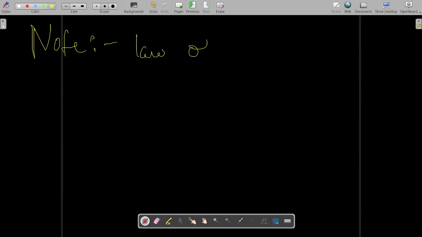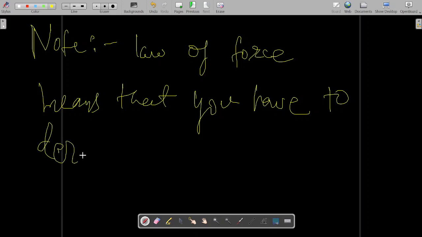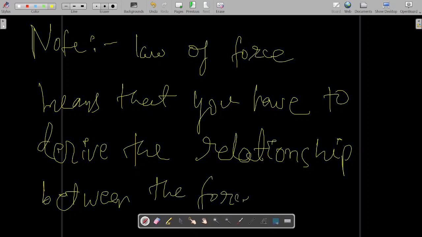Law of force means that you have to derive the relationship between the force and R. You have to derive the relationship between force and R. That's the meaning of law of force. So you must remember this thing.